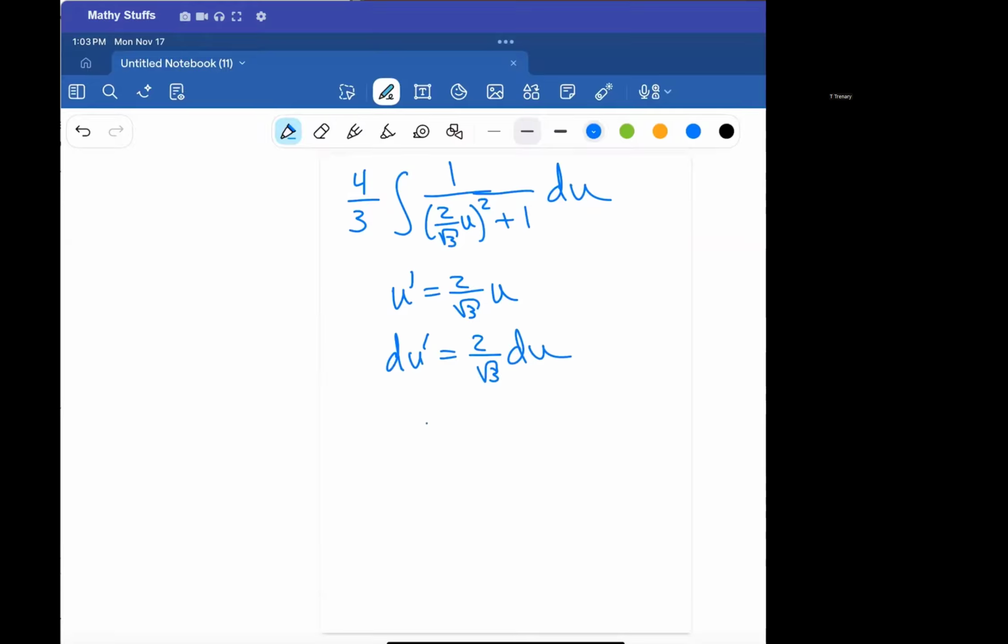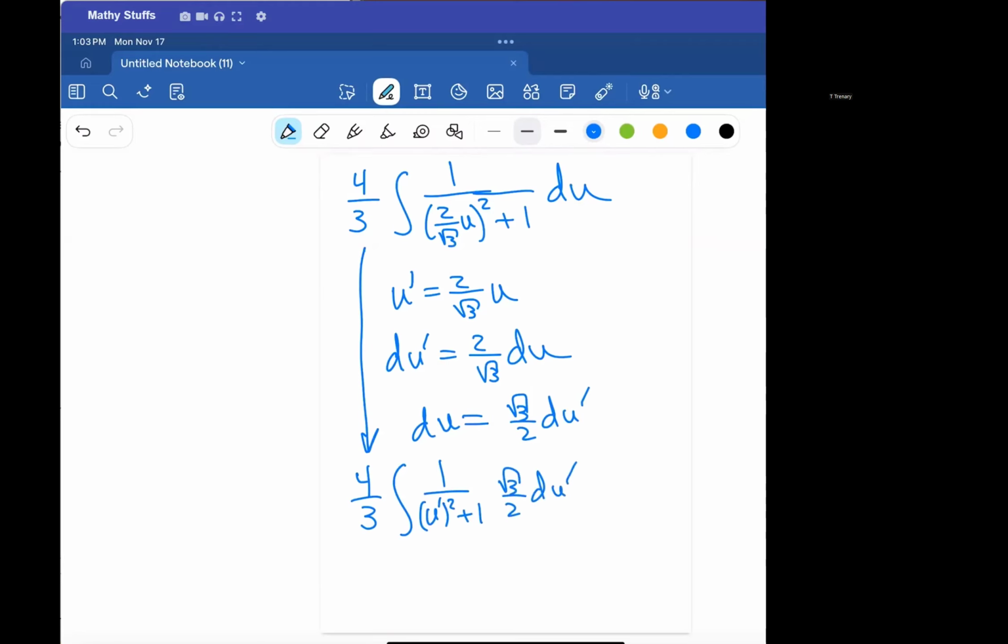So that means that du is equal to square root of 3/2 du prime. And we're going to rewrite this beast as 4/3 integral 1 over u prime squared plus 1, and then the du is square root of 3 halves du prime.